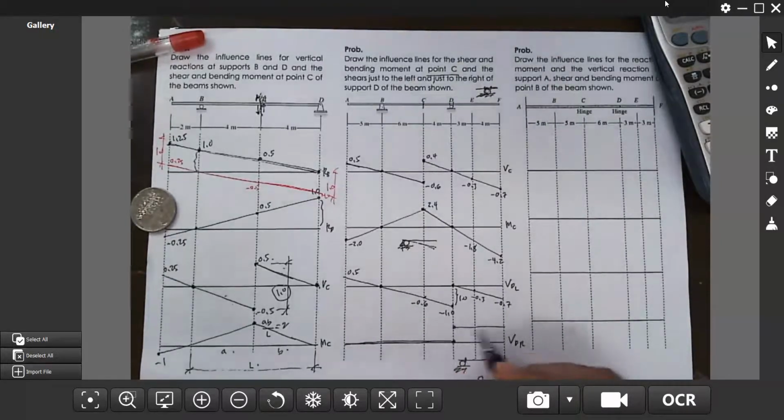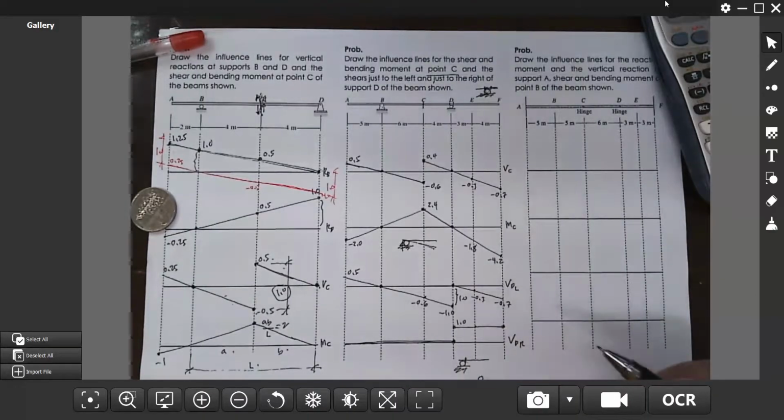Ini kana yun, 1 na yun. So, that's 1.0. Okay. So, mao ni siya for the second problem.